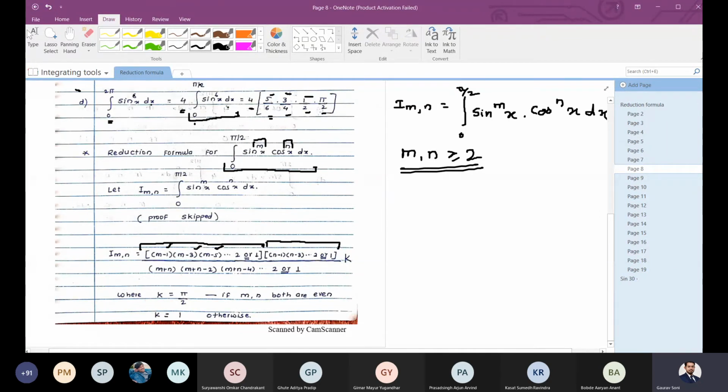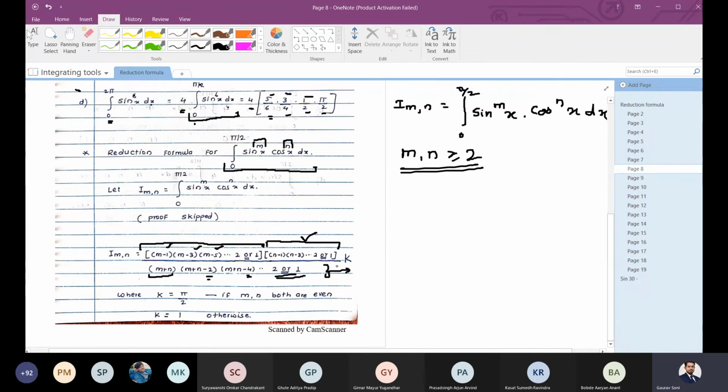You cannot include 0 or a negative number here. So you go on subtracting odd numbers. Similarly, for the power of cos, you subtract odd numbers 1, 3, and so on, and in the denominator you add the powers m plus n, and you go on subtracting even numbers. So 2 is subtracted, 4 is subtracted, and so on.